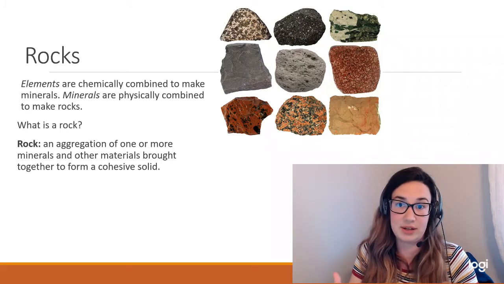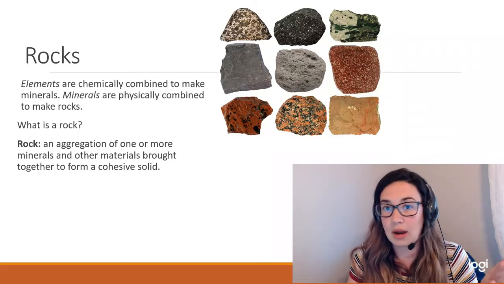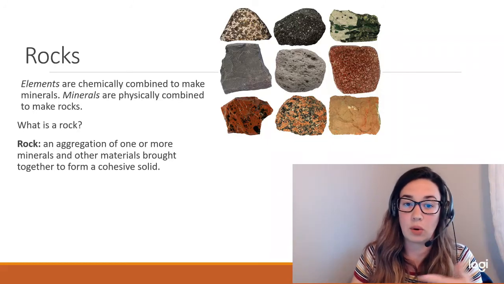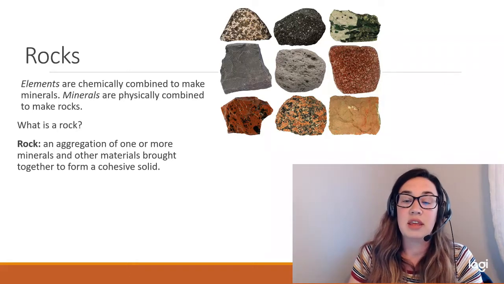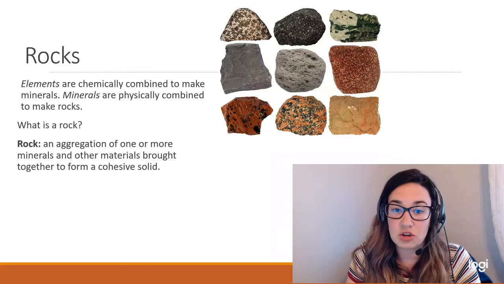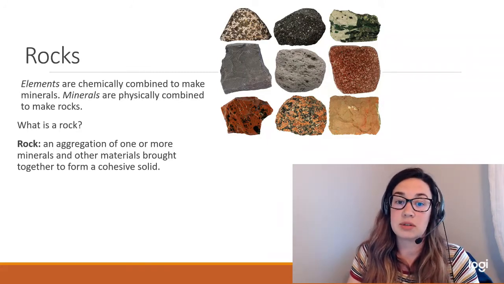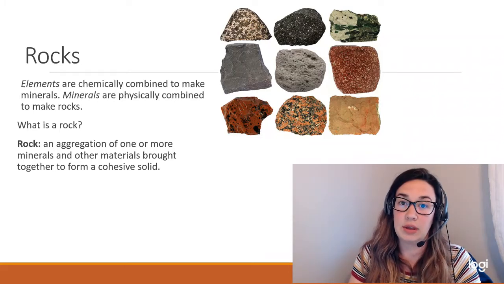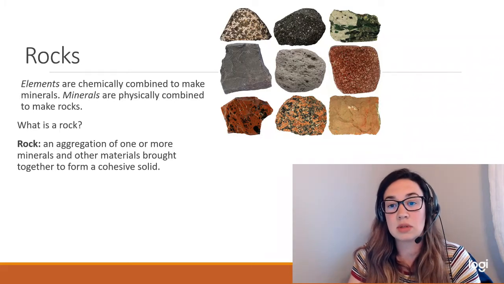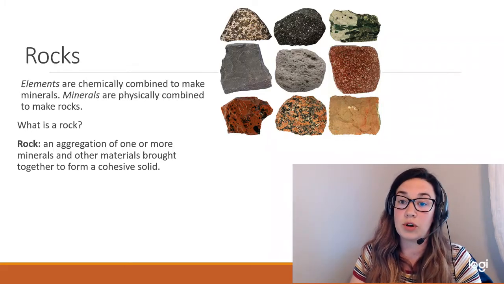So now, what is a rock? Well, obviously you see them around your backyard or wherever. But the formal definition for a rock is an aggregation of one or more minerals and other materials that are brought together to create a cohesive solid. There can be more than one mineral, and that will create a rock.